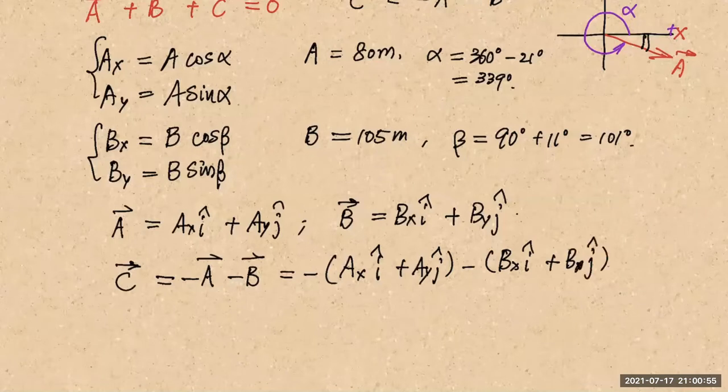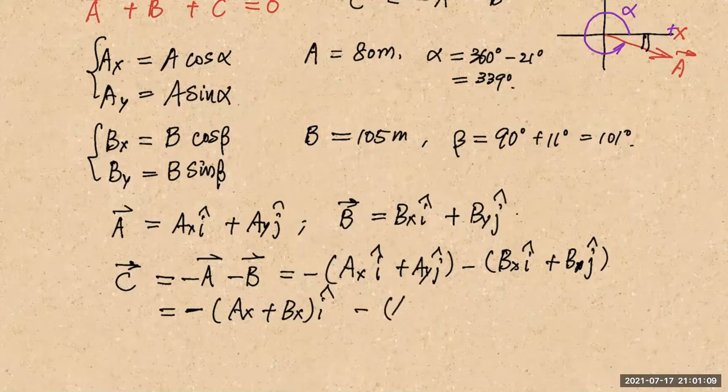Okay, and you can just plug in what AX is, what BX is, and I can put all the X components together. That's AX plus BX, and you have i here, and then minus AY plus BY j. Okay, you can find the numerical values of AX, BX, AY, BY easily by plugging in the values of A, B, and alpha and beta.